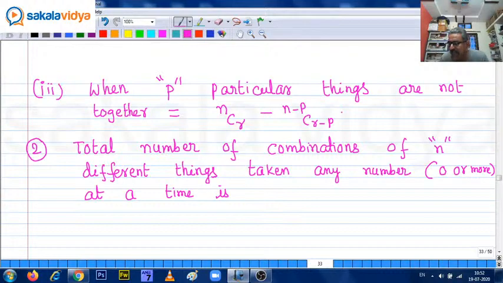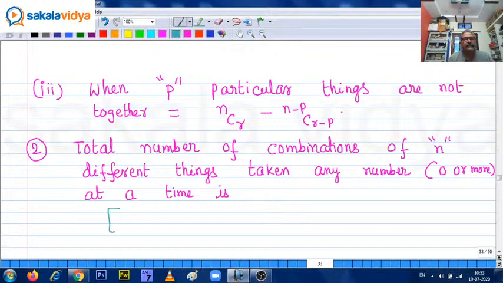So what will be this concept? Total number of combinations of n different things taken any number means 0 or more at a time. For example, you can select 0, NC0, or NC1, or NC2, NC3, NC4, even NCN. So we need to find the total combinations.